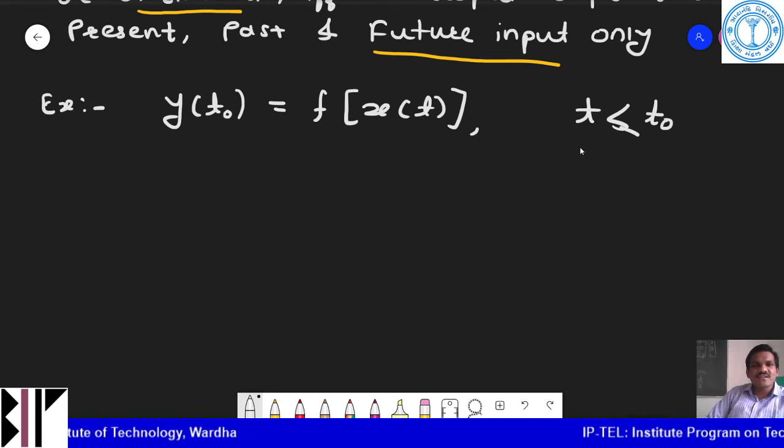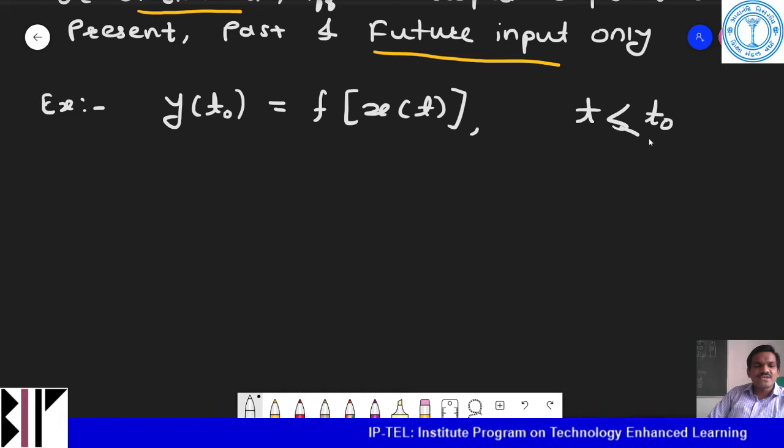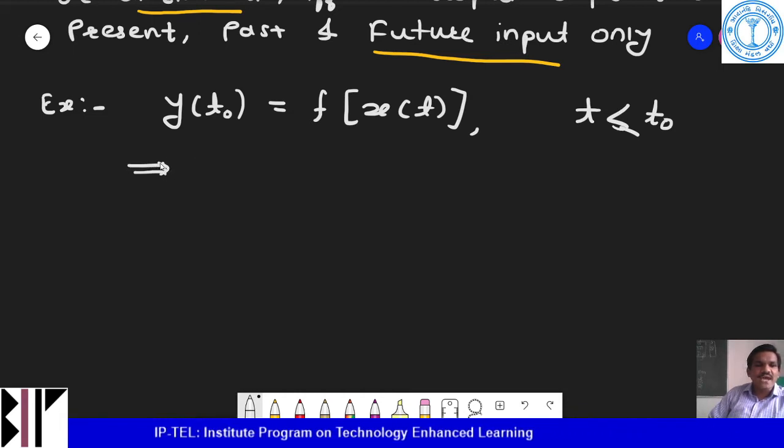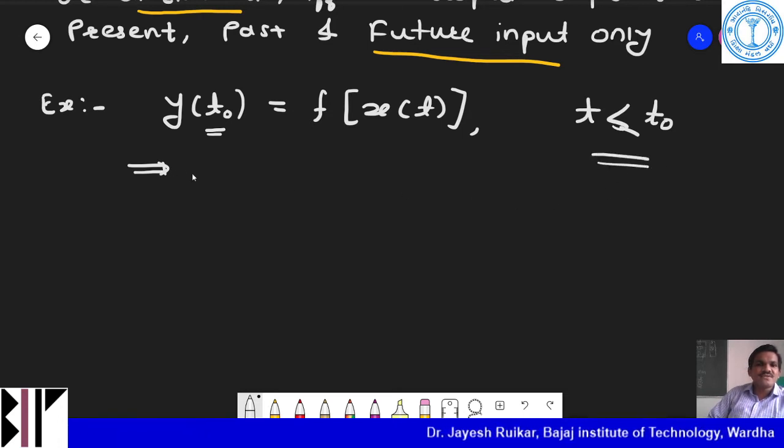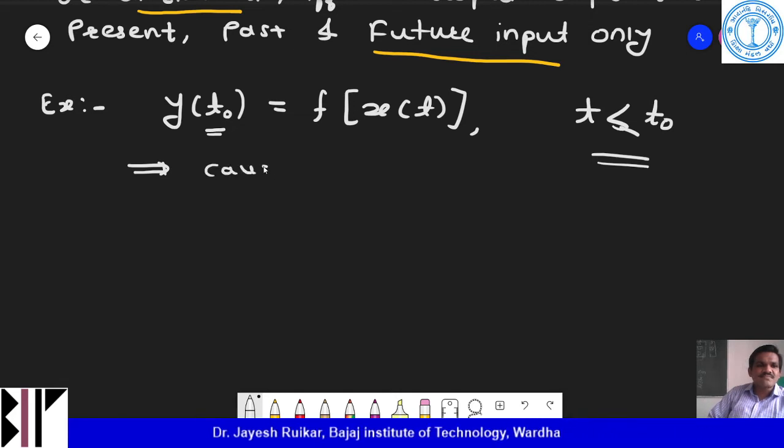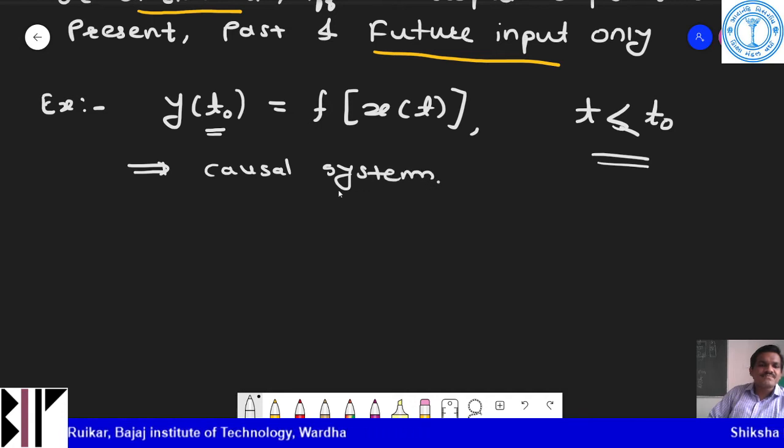That means output at any time instant t0 depends on the input before t0, so the system is called a causal system.